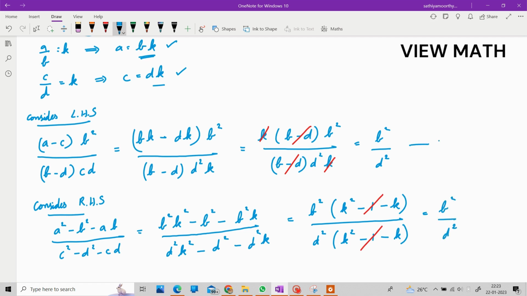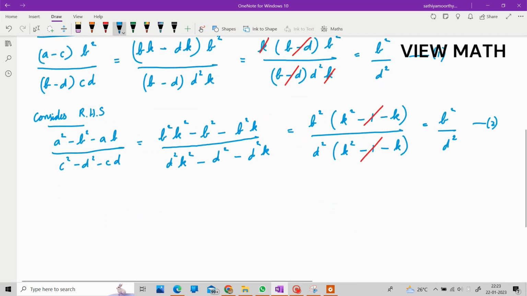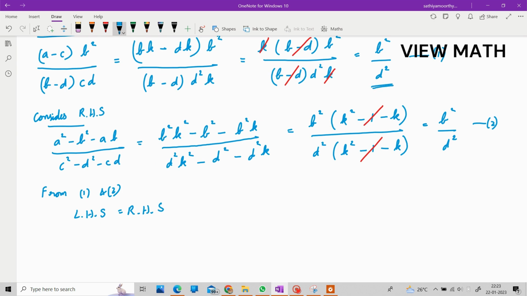So this is your first equation and this is the second equation. From 1 and 2, left hand side is equal to right hand side. Now you can see in the first equation, when we consider left hand side we got B square by D square. When we consider the right hand side, again we are getting B square by D square.